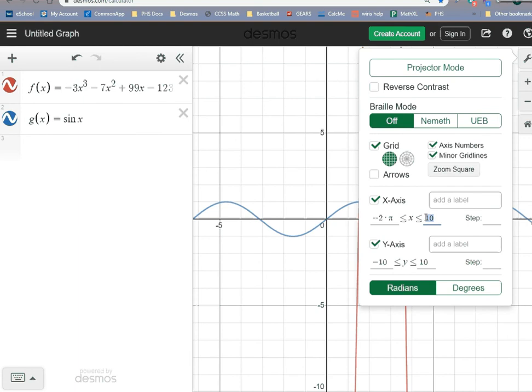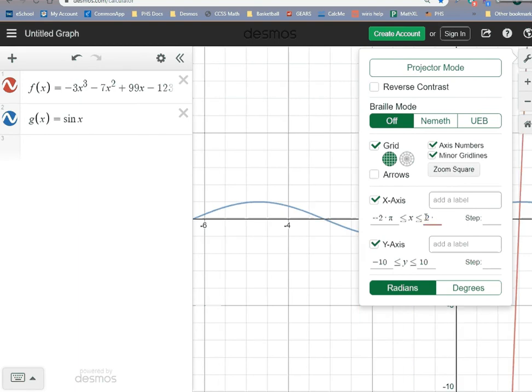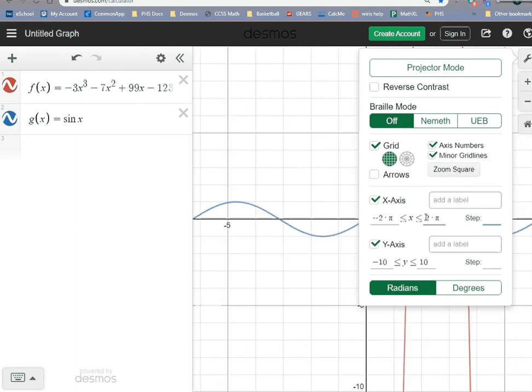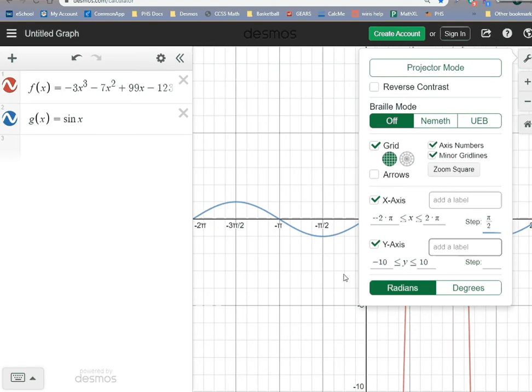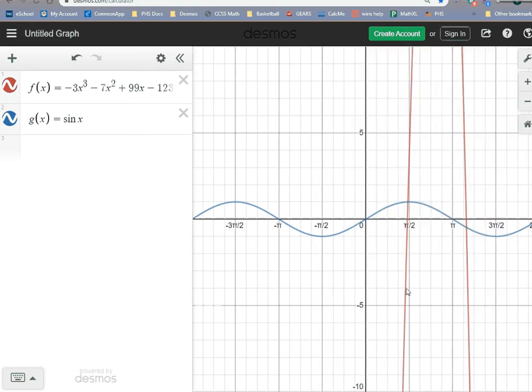But at least you can go to 2 times pi. And if I do my steps in something like pi divided by 2, that's kind of cool. At least you get pi's on the axes, but I think if I go to a point here, oh, it does, look at that. That's pretty cool.